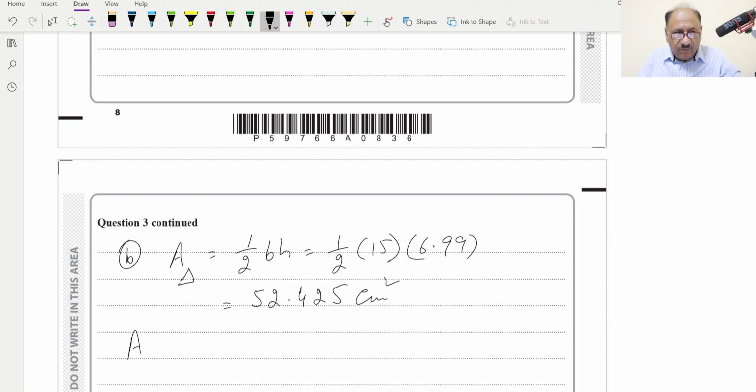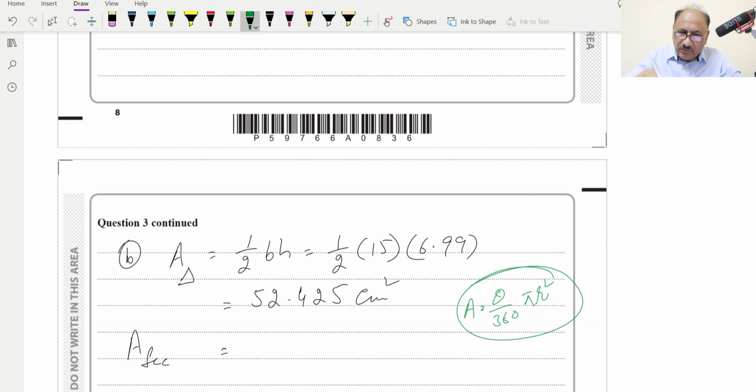Now area of sector. We know the formula. Area of sector is equal to theta over 360 into pi r squared.